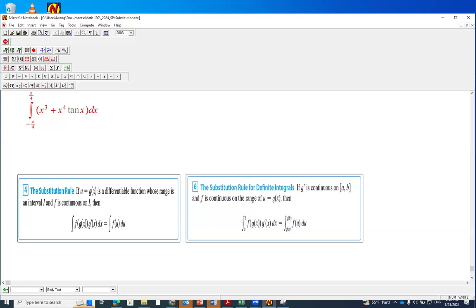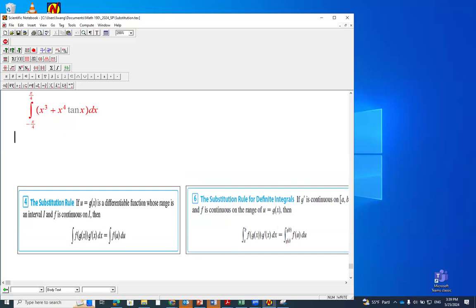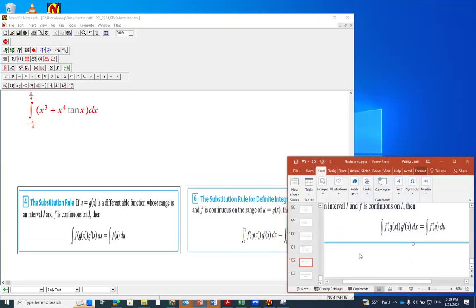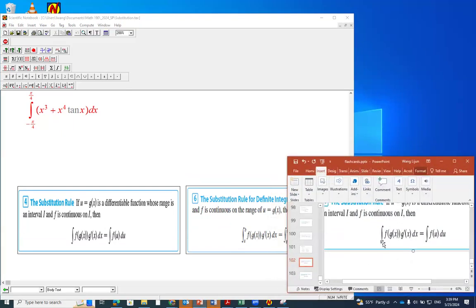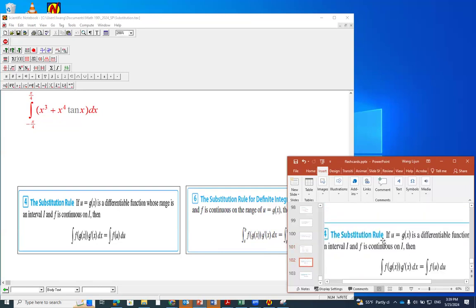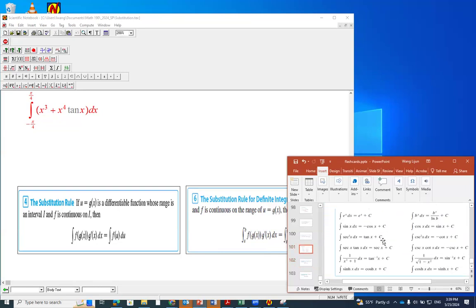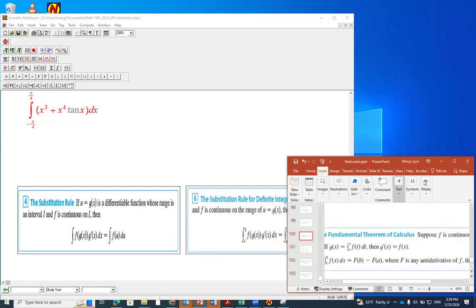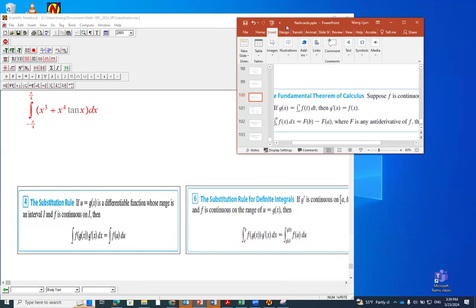I have noticed that the interval is symmetrical with respect to the origin. There is a property we have never used, which is this property. I'm going to scroll down the flashcard.